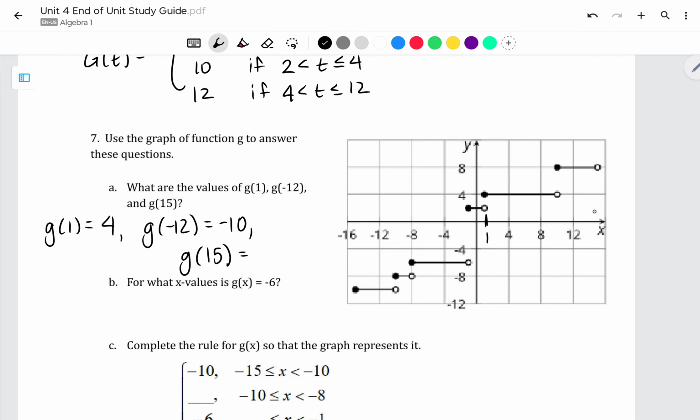So 15 is going to be undefined. There's no point at 15. There's no actual circle at 15, so it's undefined. It wouldn't even be 8.